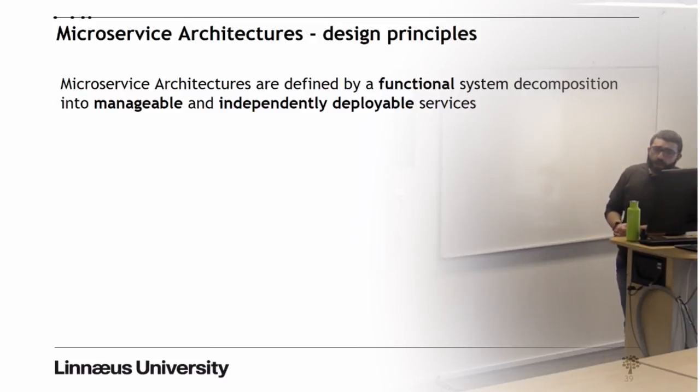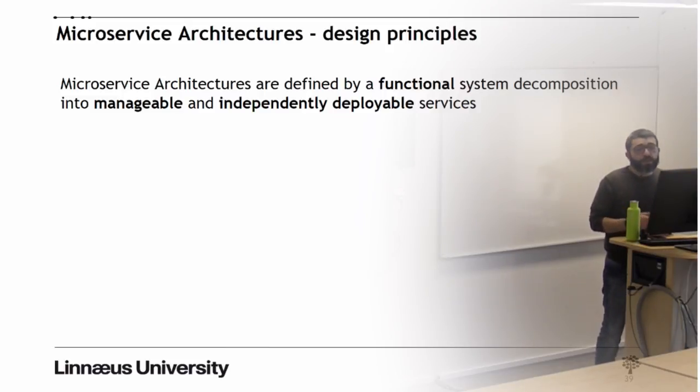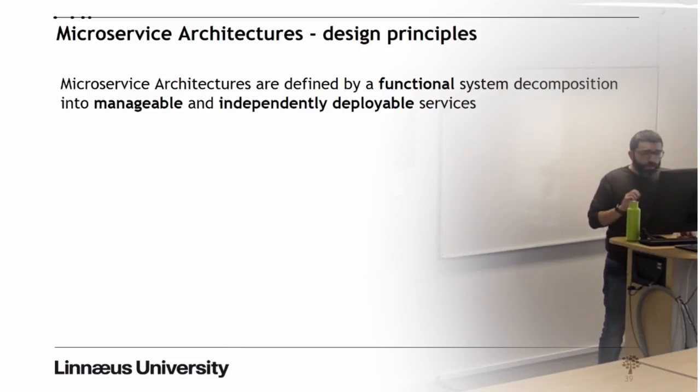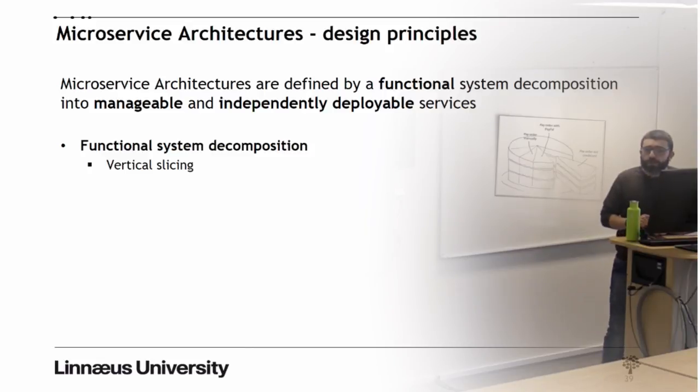So the idea is that microservice architecture is defined by functional system decomposition into very small microservices that are manageable and independently deployable. So the key concept here is the size. First, the functional system decomposition must be vertical.